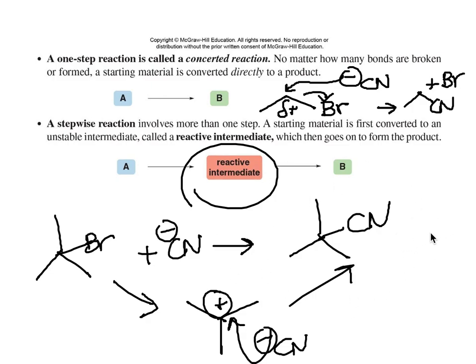So it's okay if you didn't follow the reaction, that's totally fine. These are two substitution reactions, but what I want you to understand is that one reaction can either happen just in one step, or it can happen stepwise if we go through an intermediate, right?